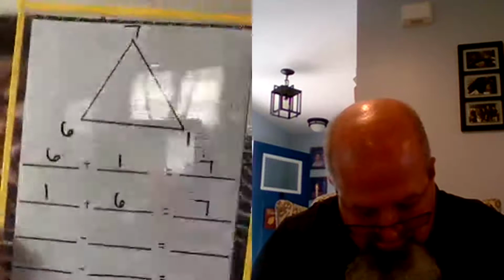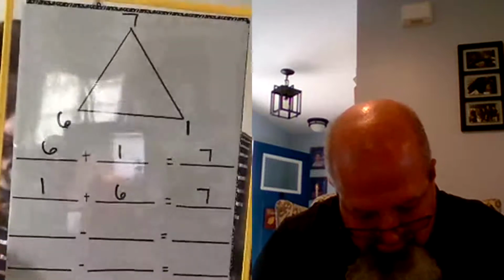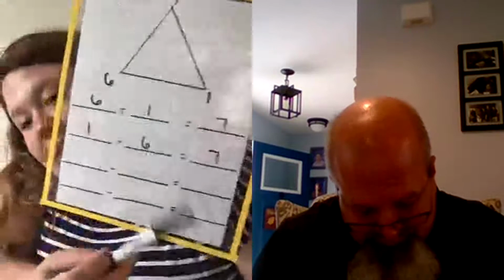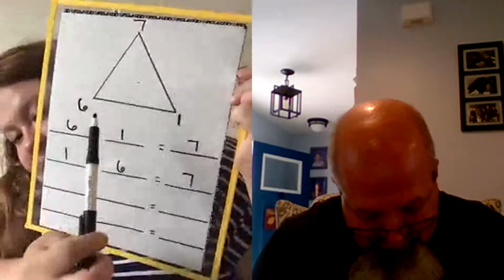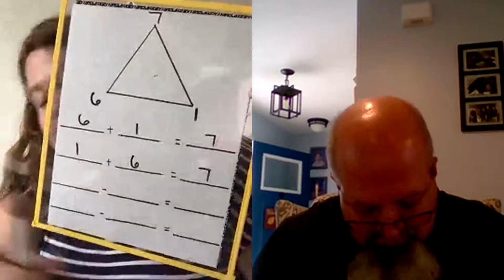Keep in mind, those are just like the same equations. They just look a little different. And we added that new step of subtraction this week. So we know that we can't take 7 away from 1 or 7 away from 6, otherwise we end up with a funny number like a negative, which we don't want. So we know the 7 is going to go first.